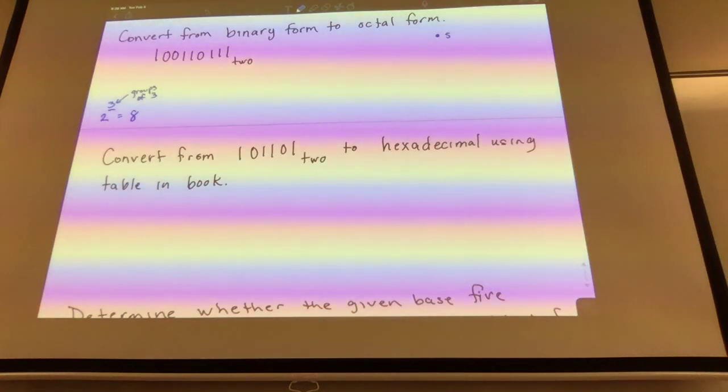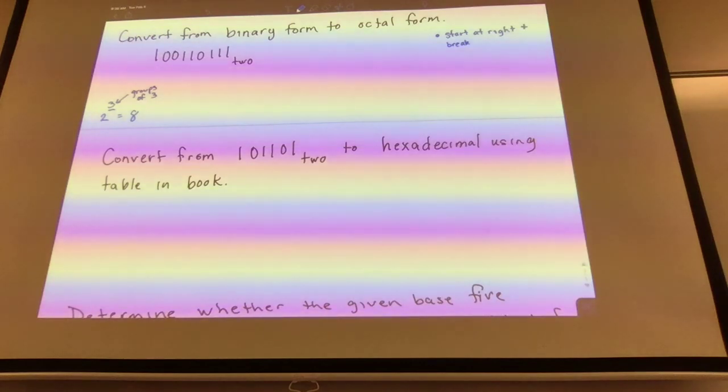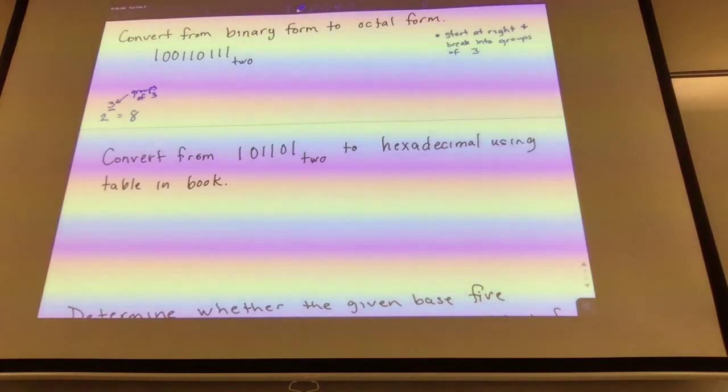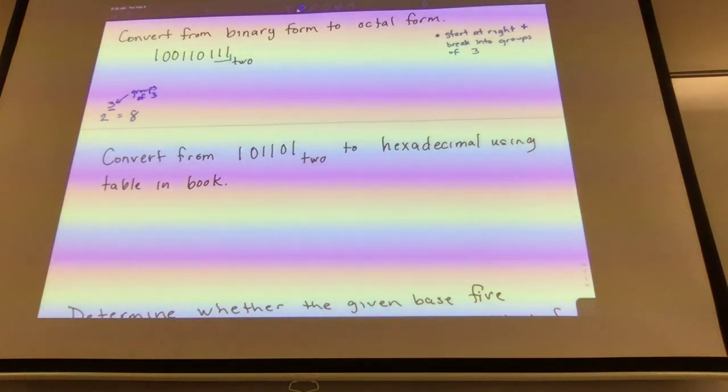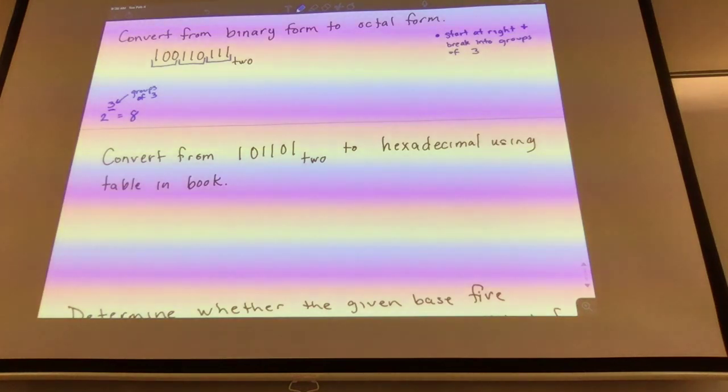So we're going to say start at the right and break into groups of 3. Okay, so right here, if I was to do that, I'm going to have 1, 2, 3, 1, 2, 3, 1, 2, 3. Break into groups of 3, so I have 3 different groups there.